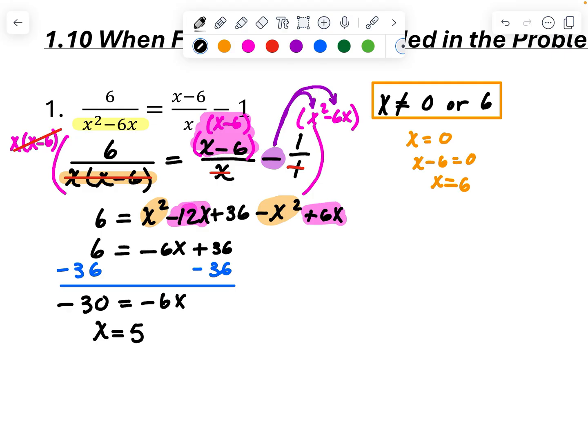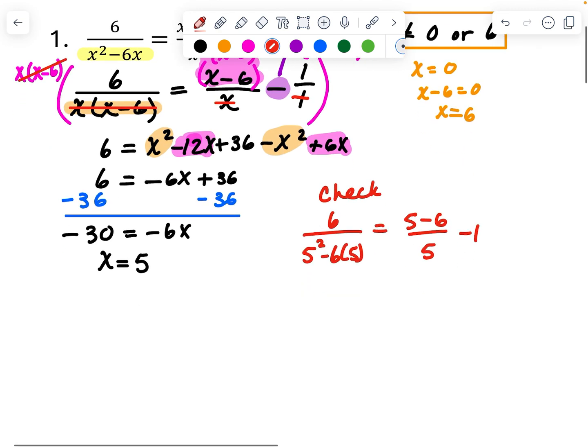Yes. And then let's check it. Let's just check it and see if it works. So that would be 6 over 5 squared minus 6 times 5 would equal 5 minus 6 over 5 minus 1. So that would be 6 over 25 minus 30 equals negative 1 over 5 minus 1.